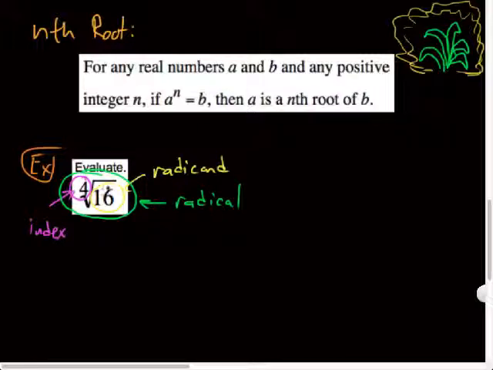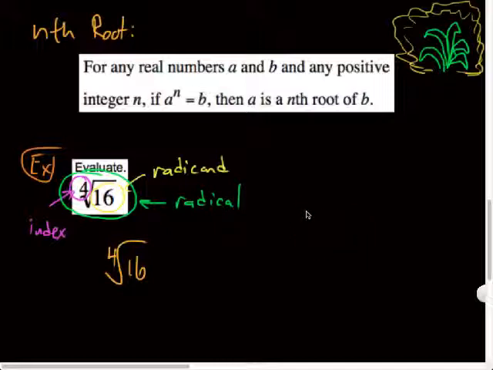So if I ask you what this meant, I just read that as the 4th root of 16. That's not read as, this is what it's not, 4 times the square root of 16, because that would be 4 times the square root of 16, and that's not what I'm referring to at all.